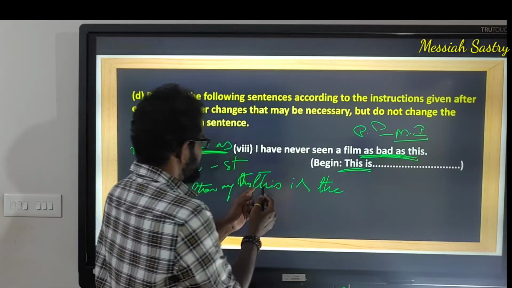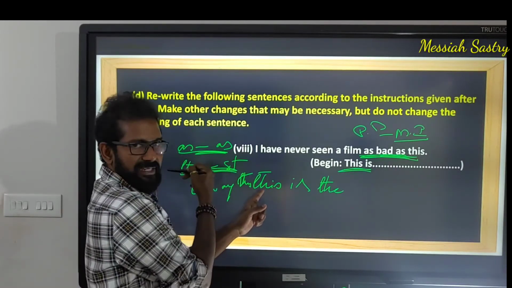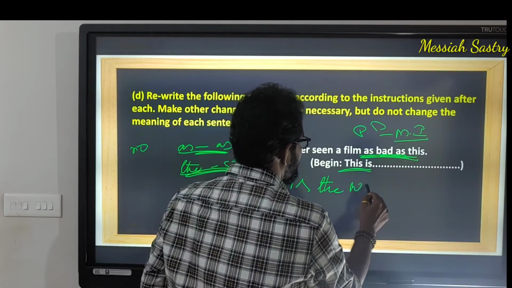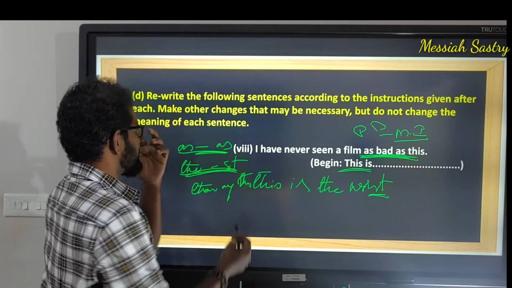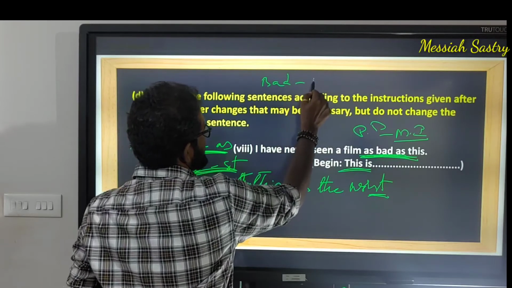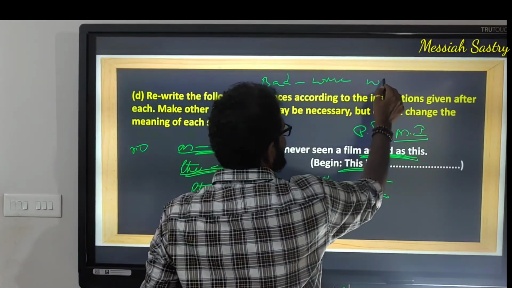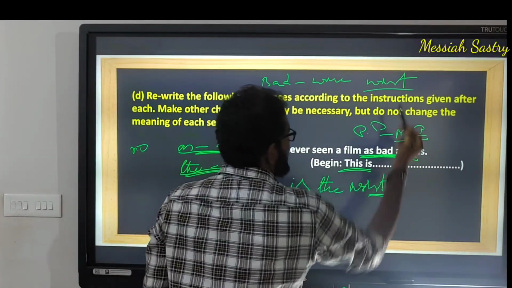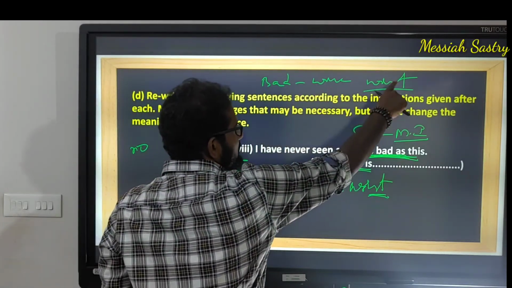Now we write here first the superlative degree. This is the worst film. So bad has three forms in degrees of comparison: bad, worse, worst. Worse is comparative. Worst is superlative. So as we are writing the answer with the superlative, we use worst. Bad, worse, worst.